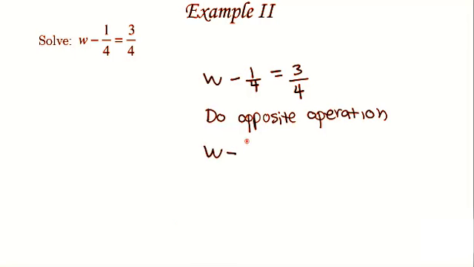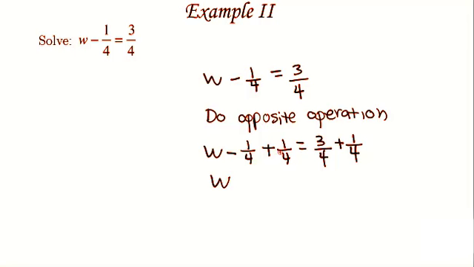w minus 1/4 plus 1/4 equals 3/4 plus 1/4. And notice I did this to both sides. Again, by doing the opposite operation, I end up with a 0 instead of the 1/4.